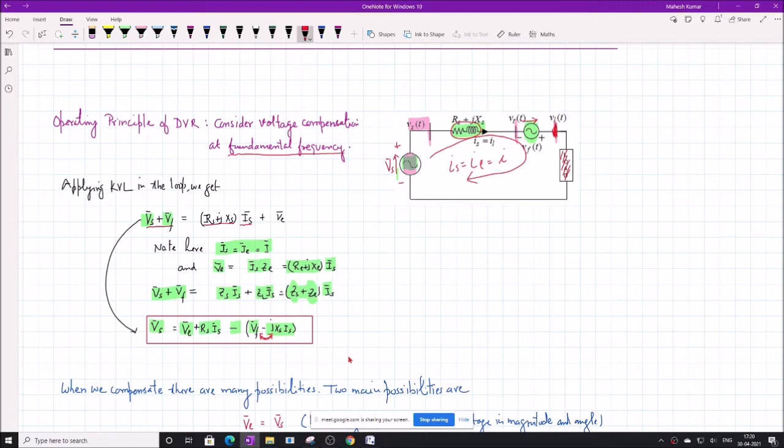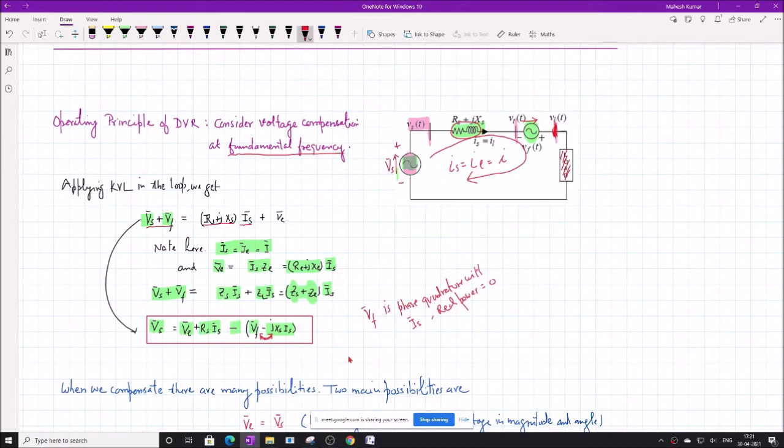Why is it so? Because if VF is in phase quadrature with IS, then the real power will be 0. That is the important condition for the compensator: when you compensate with a compensator, it should not manipulate the real power.